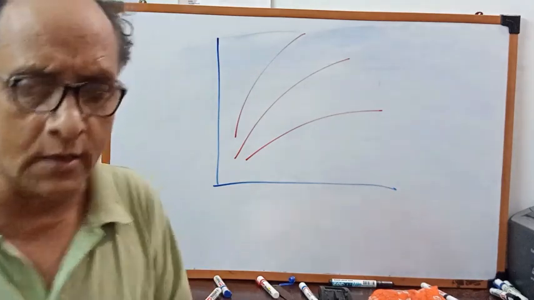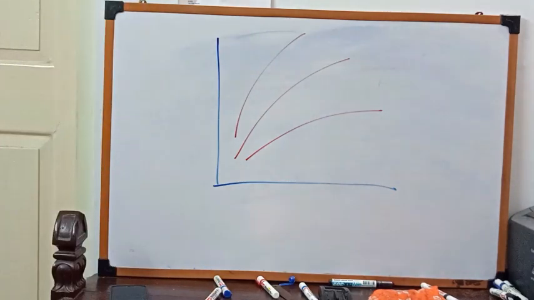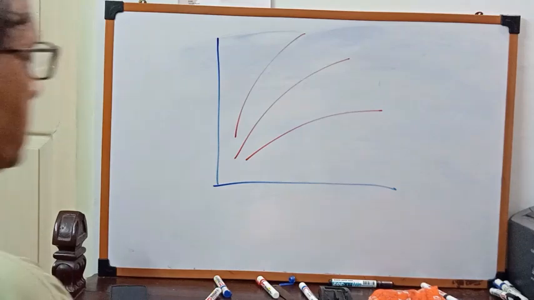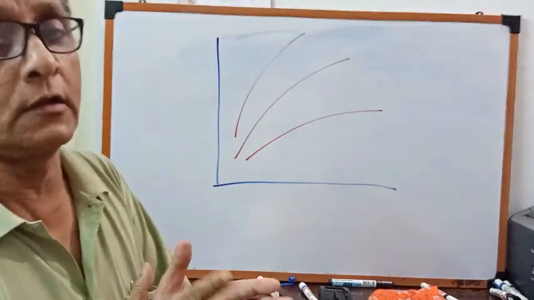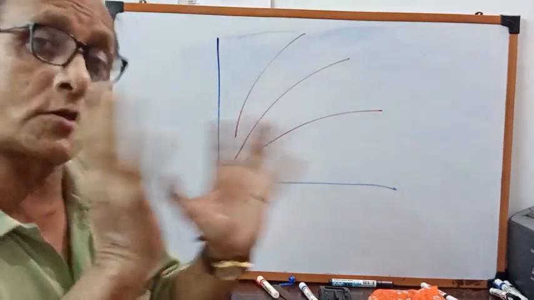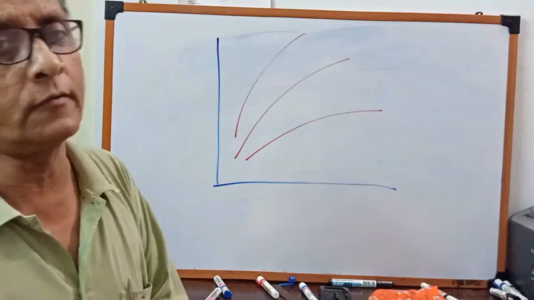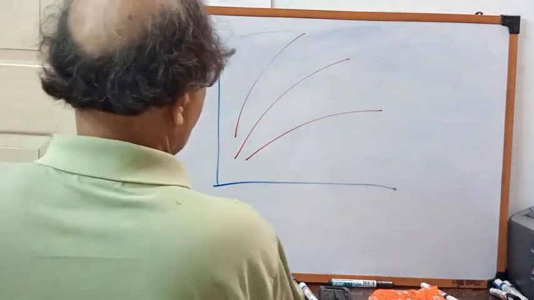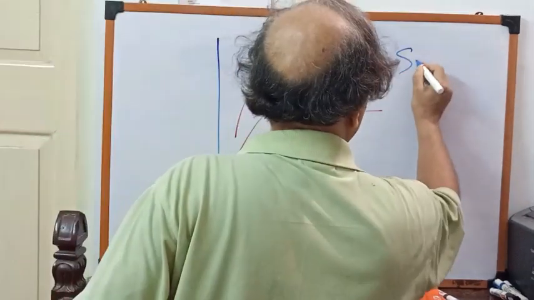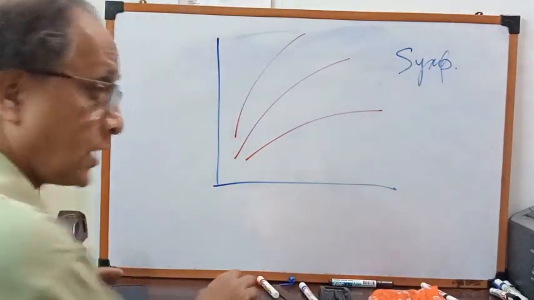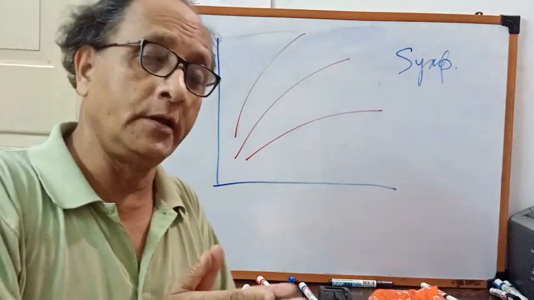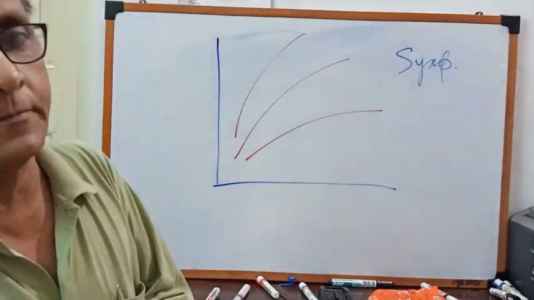One of such things is the role of autonomic nervous system, especially the sympathetic nervous system. So especially sympathetic nervous system is one of the major issues determining the inotropism.